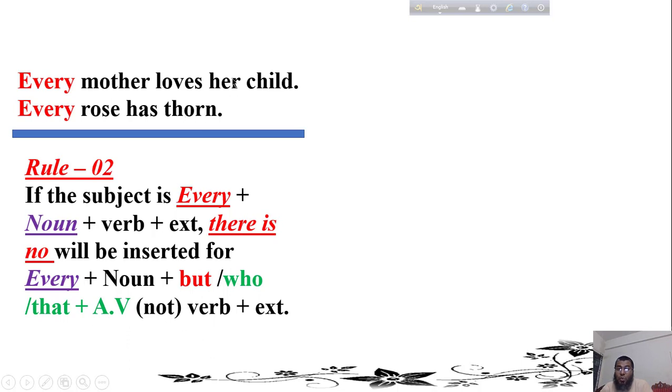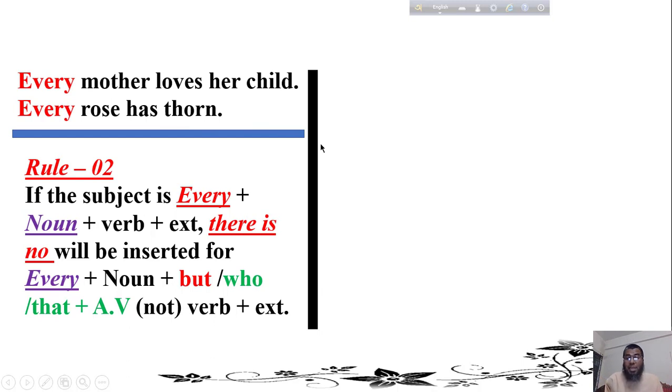And if there is no auxiliary in this sentence, then we can use "don't," "do not," "does not," and "did not." Then verb plus extension will remain unchanged. Okay. So now, following this structure, you can change these two sentences into negative. Try your level best.